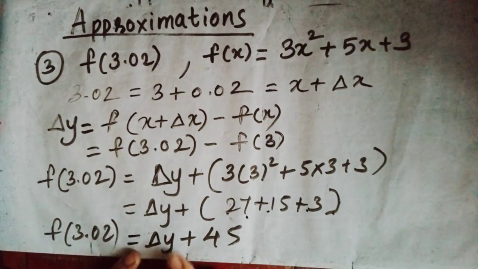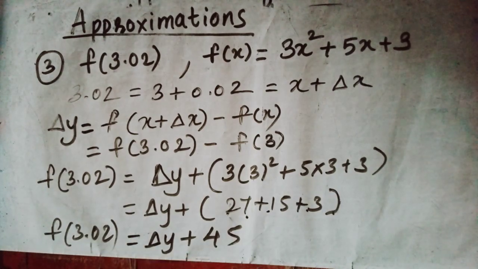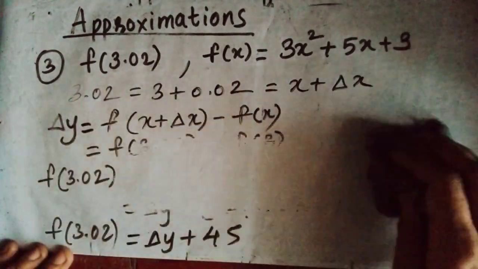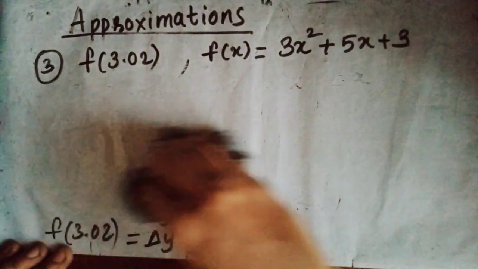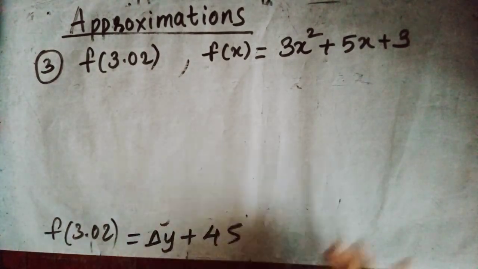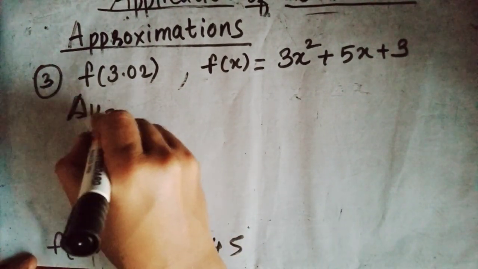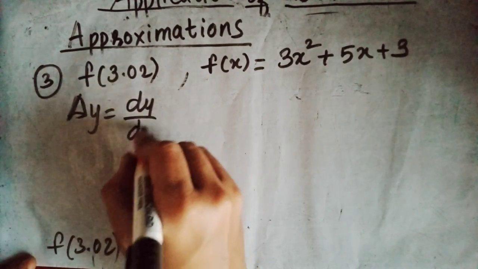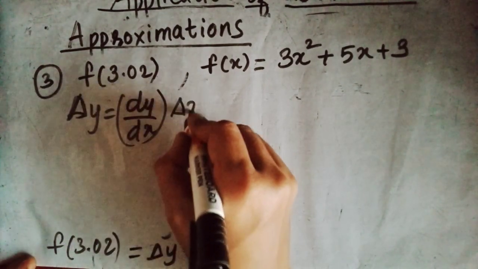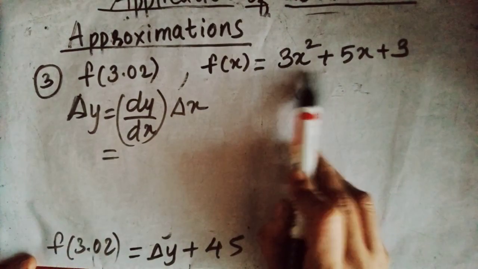Now you need to find delta y using that method. It is delta y equal to dy by dx into delta x. Now take the derivative of this.